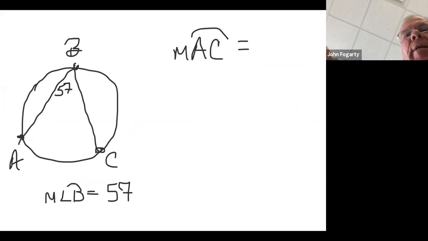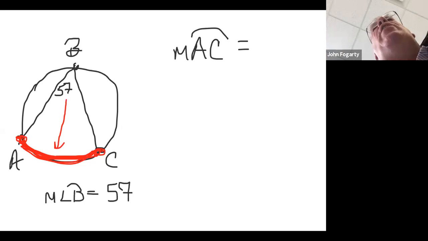Well, arc AC is cut by angle B. And angle B is inscribed, so we know that the inscribed angle is 1/2 the arc it cuts, which means the arc is 2 times the angle.